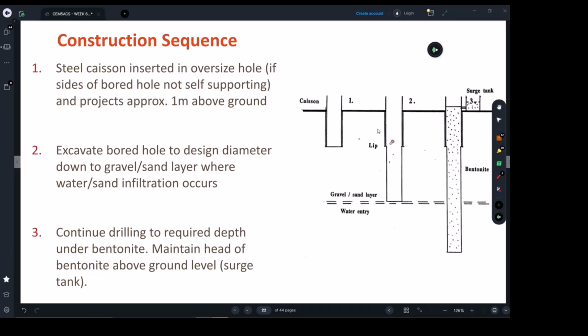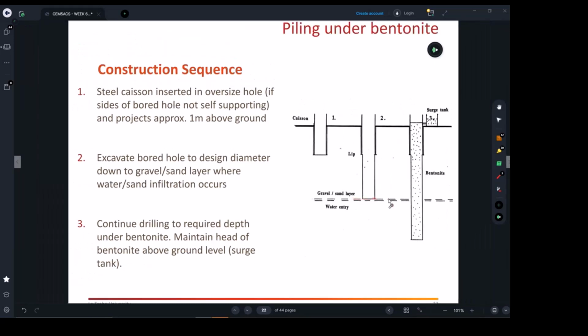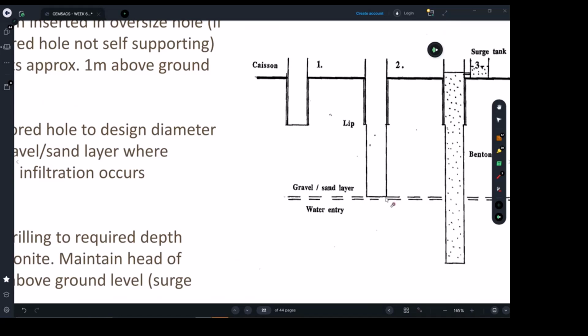Okay. So number 1, prop the top side of the soil as required. Then start excavating through stable soil conditions, up to the water level. Then you will start using bentonite. If you've got non-stable material, you can still use bentonite.